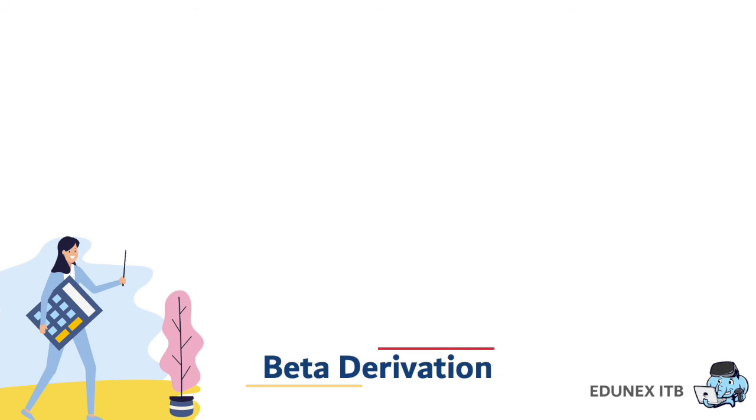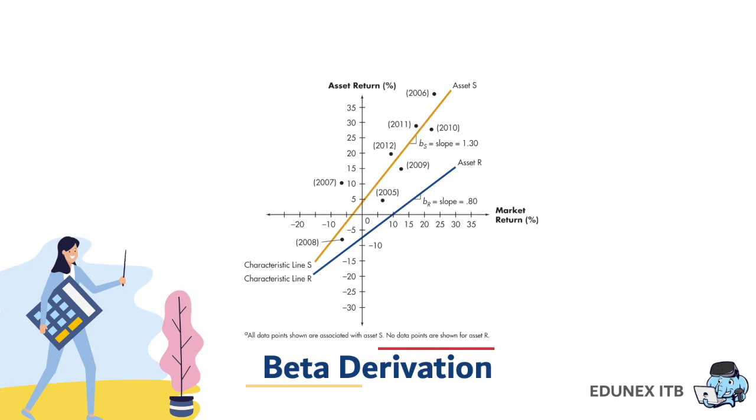Here we have the beta derivation graphics for asset S and asset R. As mentioned before, beta is the degree of an asset's return response to market return. By plotting market return and asset return for each asset, we can see the characteristic line for both assets, and betas are shown by the slope in the graphic.